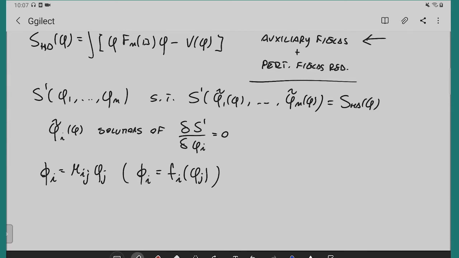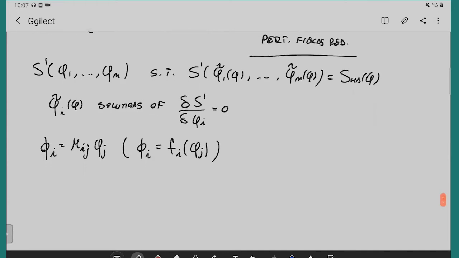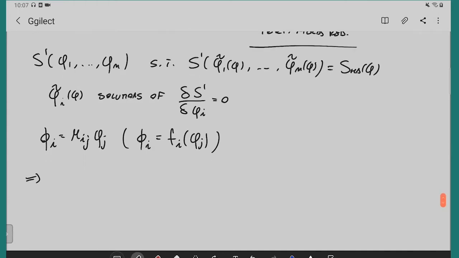So you will end up with an action with two derivatives and many fields, where I write it like this. There is a kinetic term and interaction.